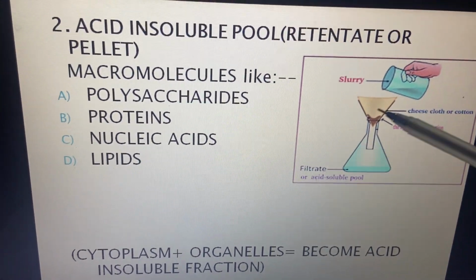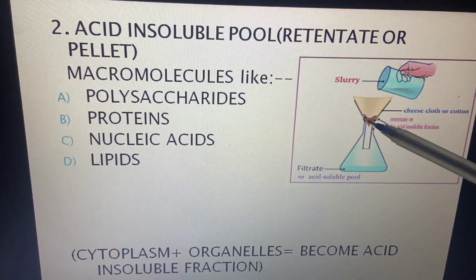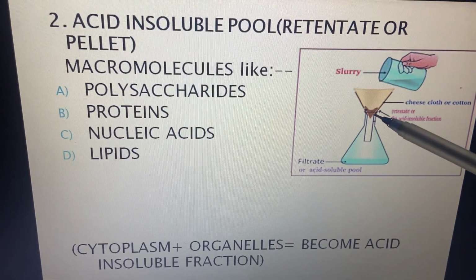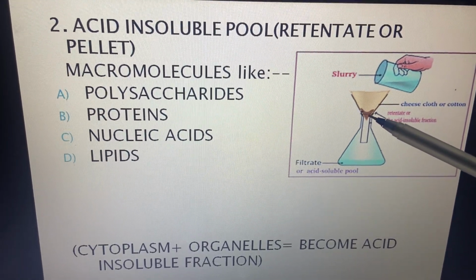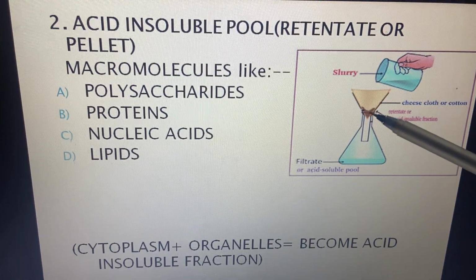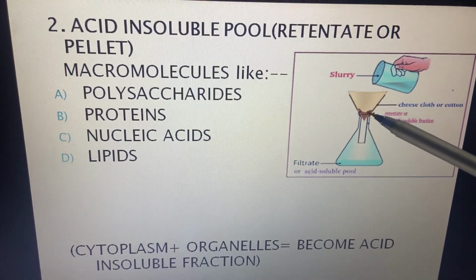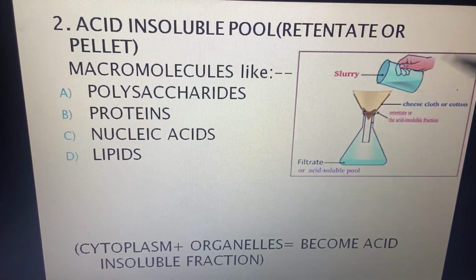Now we come to the acid insoluble pool, or retentate or pellet. It is basically composed of macromolecules: polysaccharides, proteins, nucleic acids and lipids. Basically, this is the fraction which is composed of cytoplasm plus cell organelles. So it's very important.